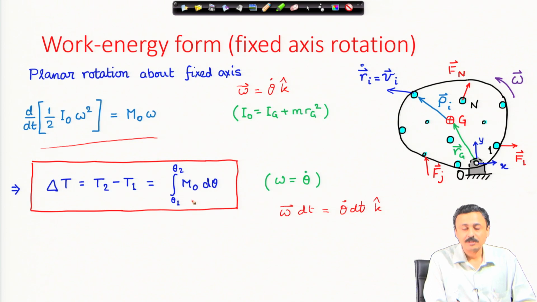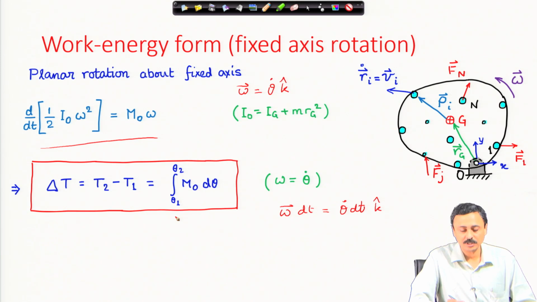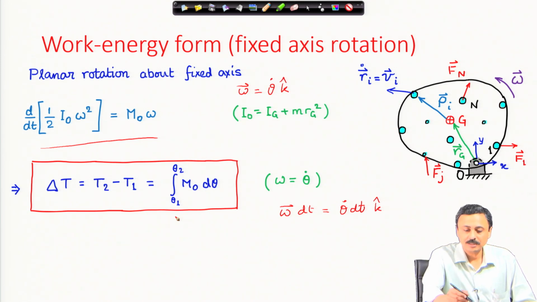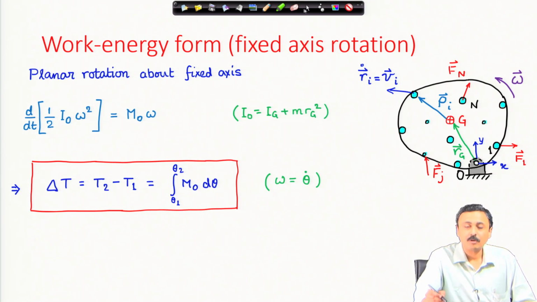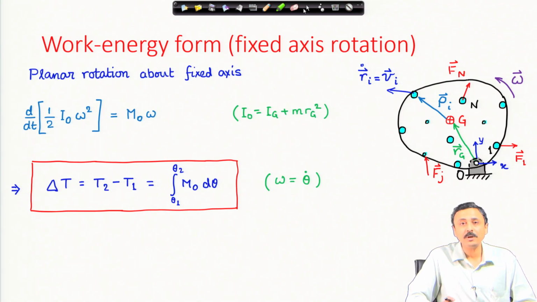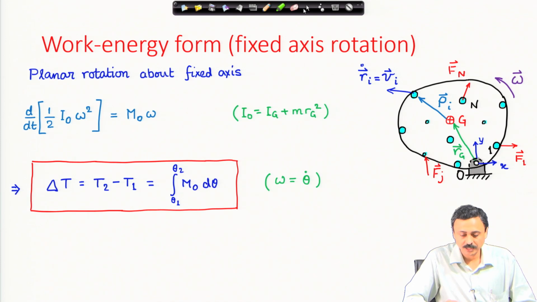The integral of M O d theta, when theta goes from theta 1 to theta 2, is the net work done by the moment, and therefore, the change in kinetic energy of this body is equal to the work done by all the moments acting. There can be couple moments, there can be forces whose moment you can calculate about O, and you have to calculate the work done by these moments, and that must be equal to the change in the kinetic energy of the body.